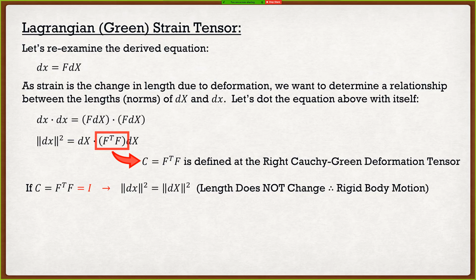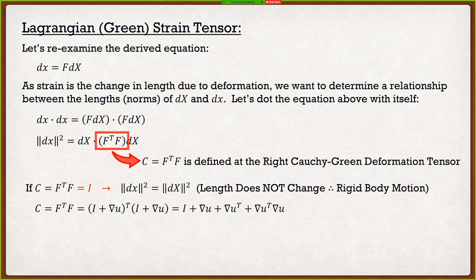Now, we're going to take C, F transpose F, and expand it out by definition. Remember that F is equal to I plus grad u. From there we can expand it out and we get this big long equation where C is equal to I plus grad u plus grad u transpose plus grad u transpose multiplied by grad u.